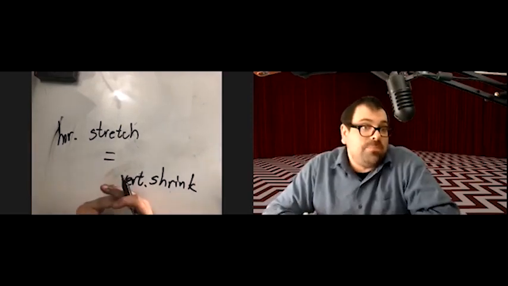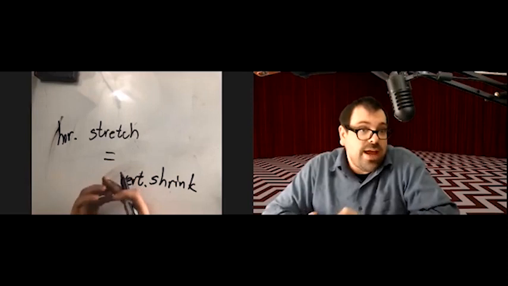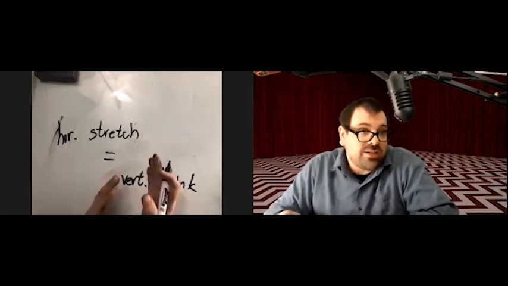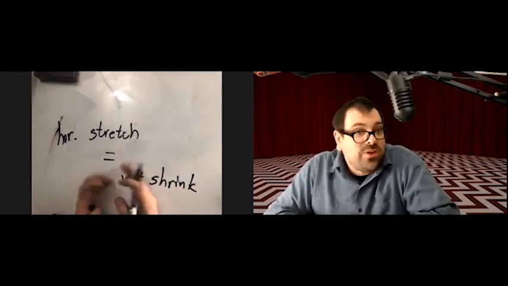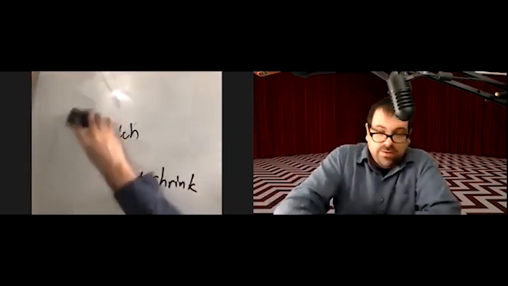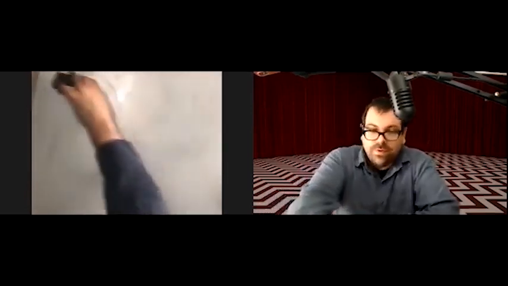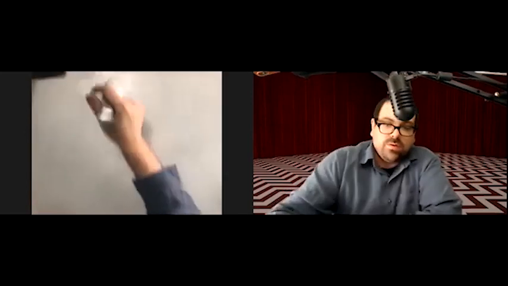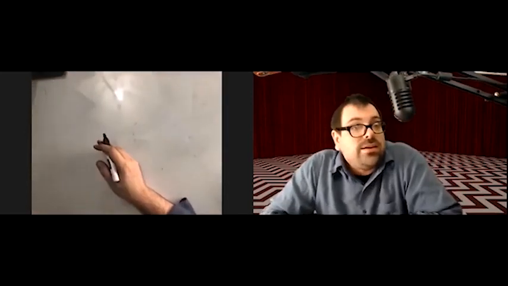Vertical, up and down. Moving up and down was adding to the whole function. Horizontal, left and right. Left and right is adding or subtracting to the x and only the x.